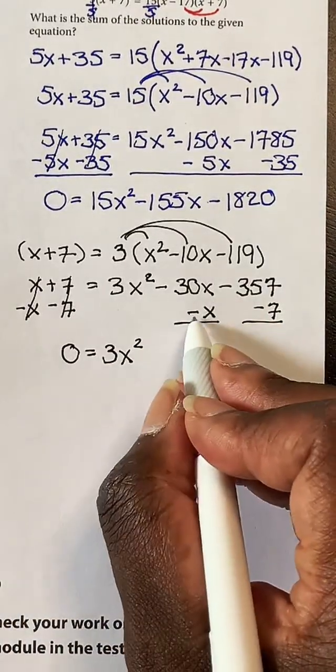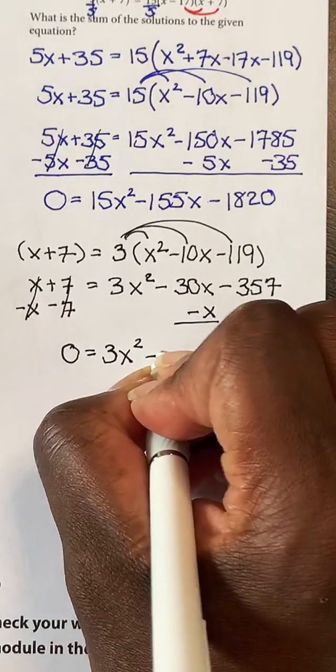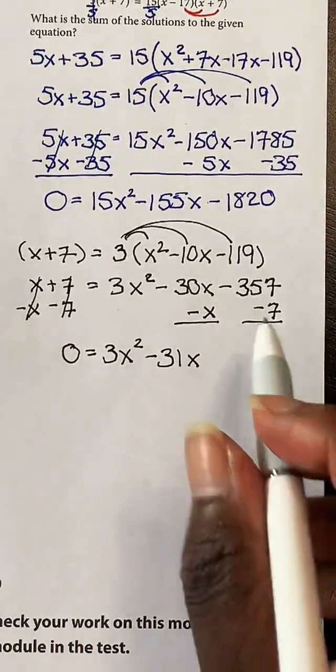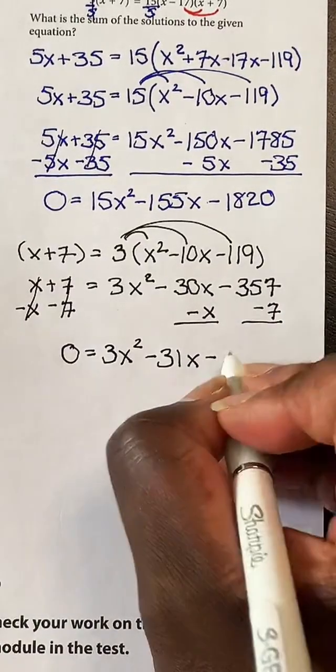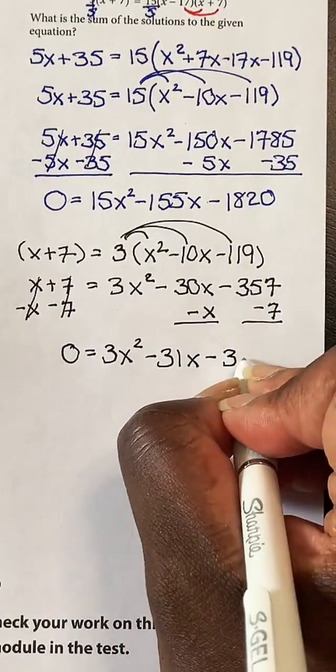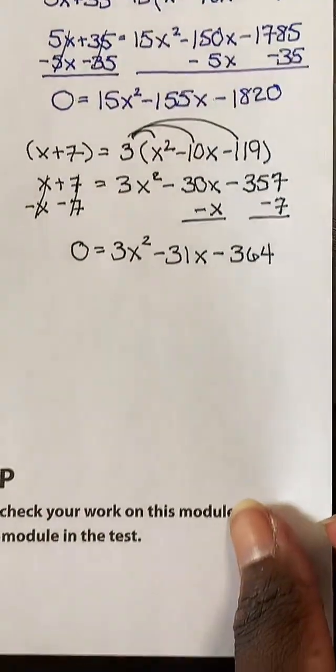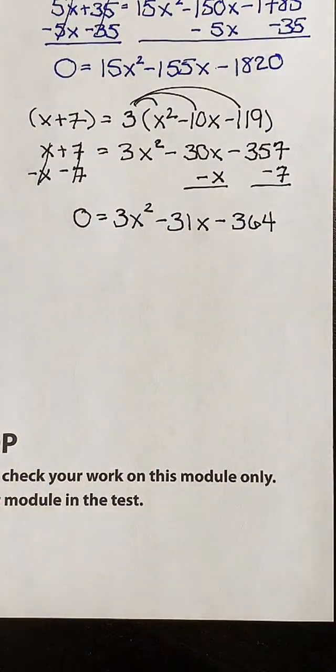Negative 30x minus 1x gives me a negative 31x. And then this gives me a negative 364. So much more manageable. Are we okay now?